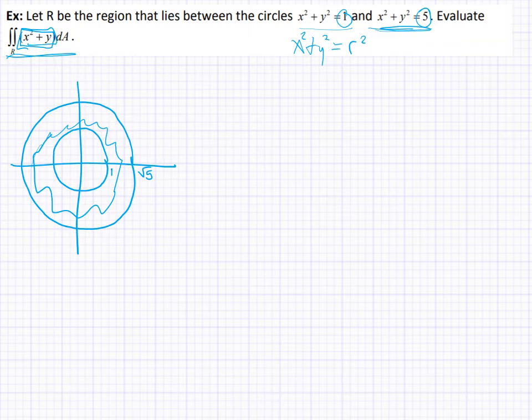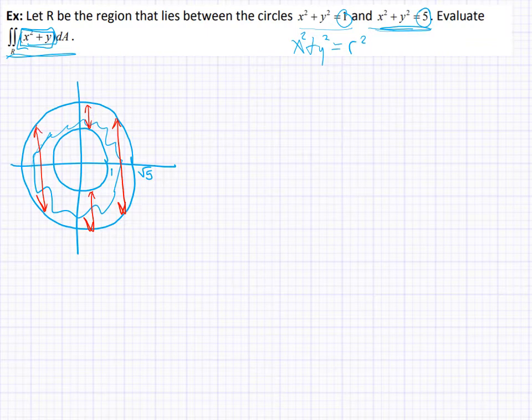So if we wanted to stay in terms of x and y, we would have to figure out what x is between and what y is between. Let's think about vertically first, y. Y goes from here to here. But when I go over here, y goes from here to here, but also here to here. And when I get over here, y goes from here to here.